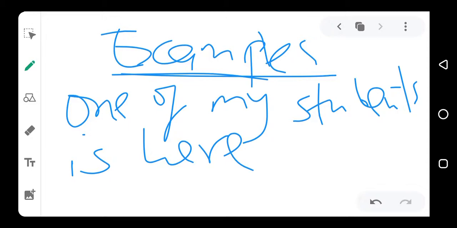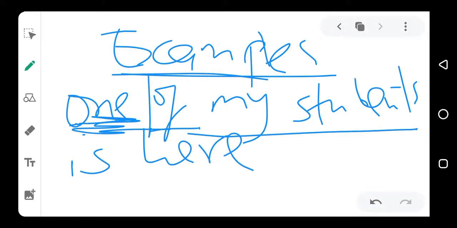What we have is one. So this phrase, of my students, which is lying in between this one and is, does not change the agreement between the subject and the verb.